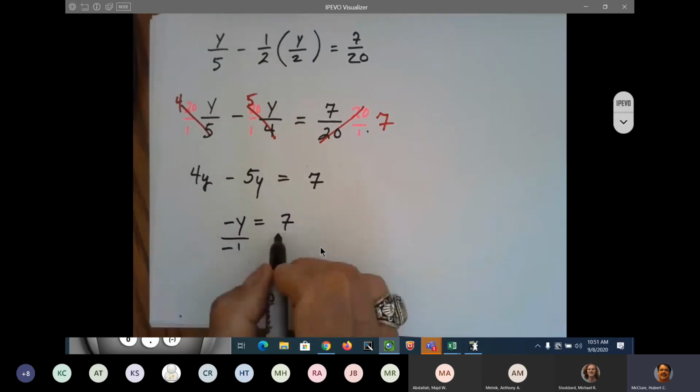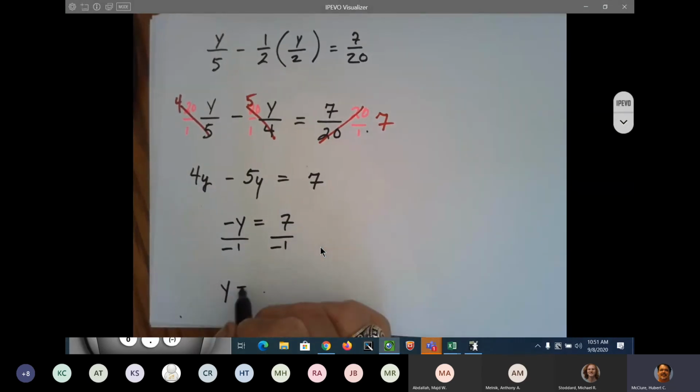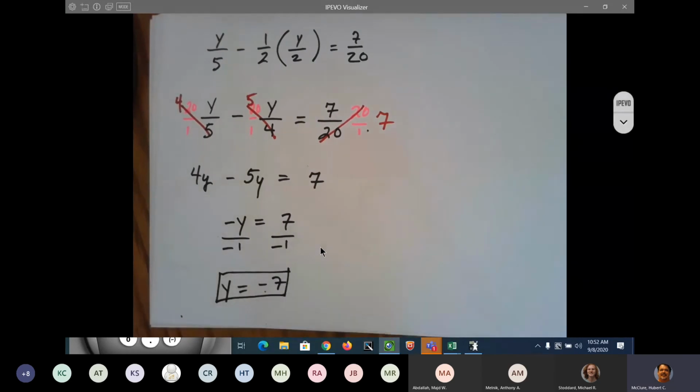Divide by negative 1, y is equal to negative 7. Nothing but manipulation of an algebraic equation.